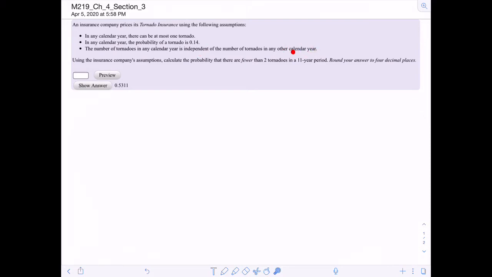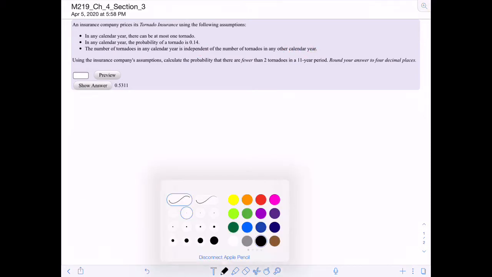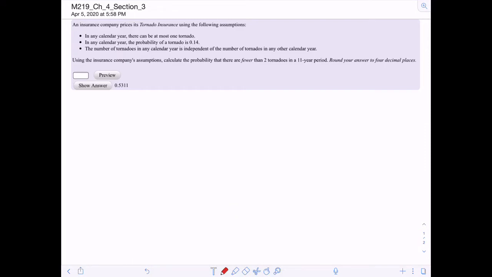So notice here we have a few things, right? We know that it's independent events for each year. Okay? And we know that there's success or failure, right? So either there is a tornado in that year or not a tornado in that year, right?